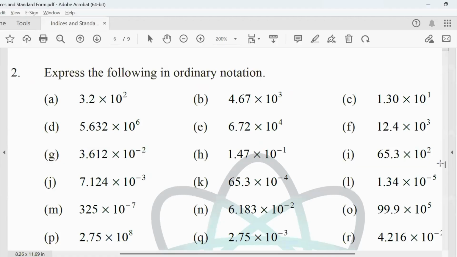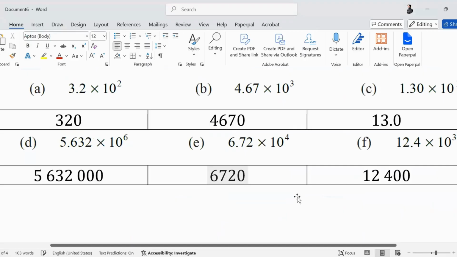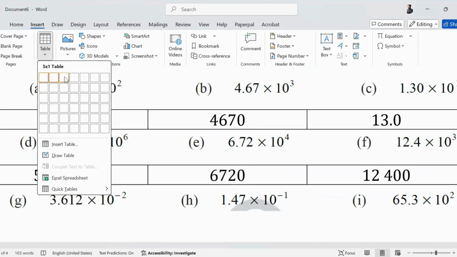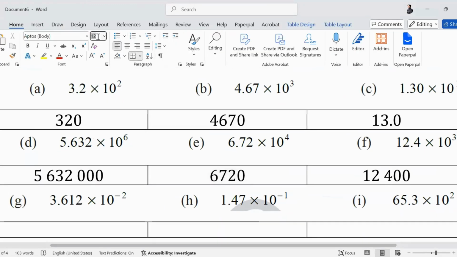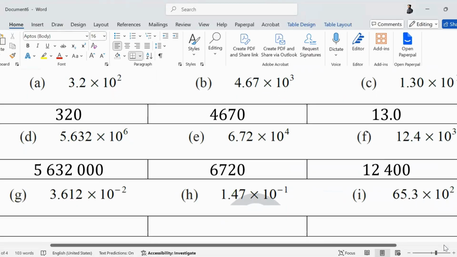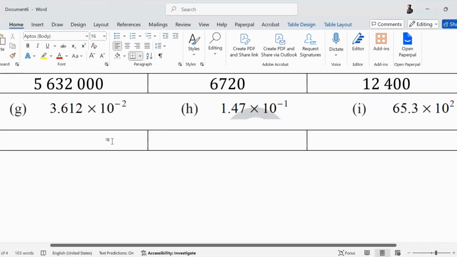Let's do a few negative exponents as well. Yes, exponent -2. Where will the decimal go when we have a negative exponent? We'll move the decimal to the left. Very good.